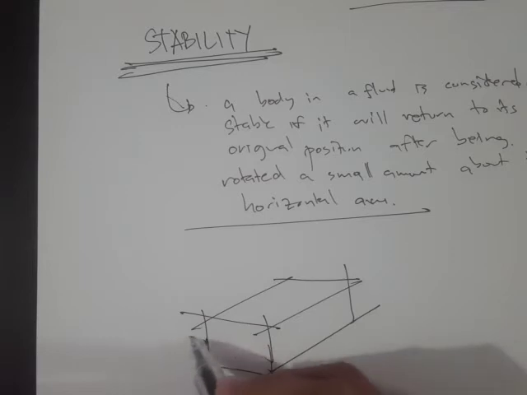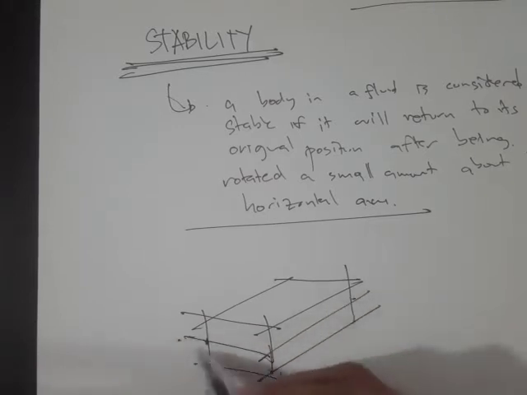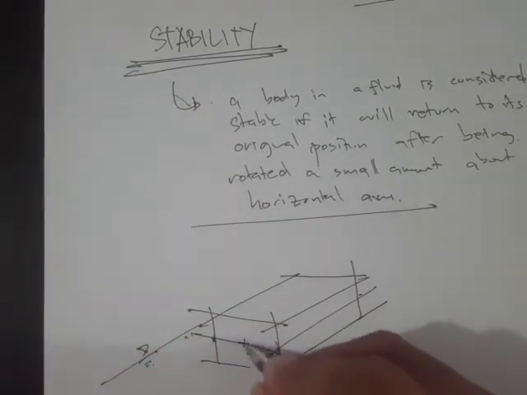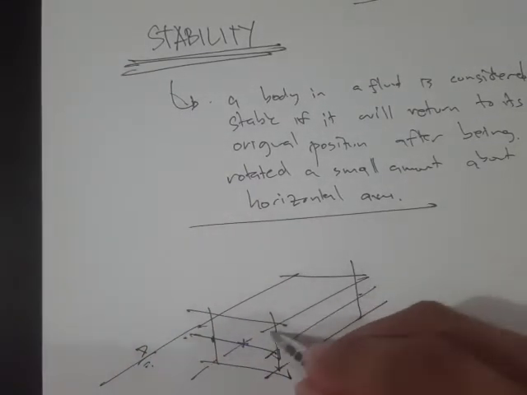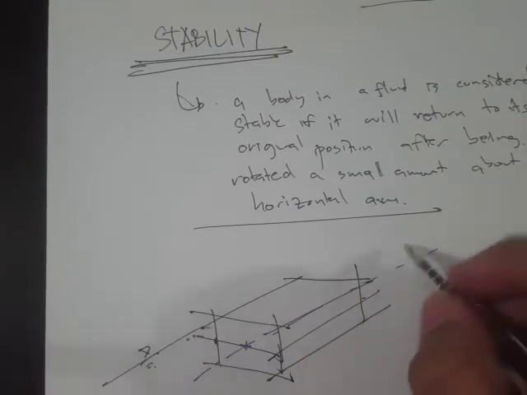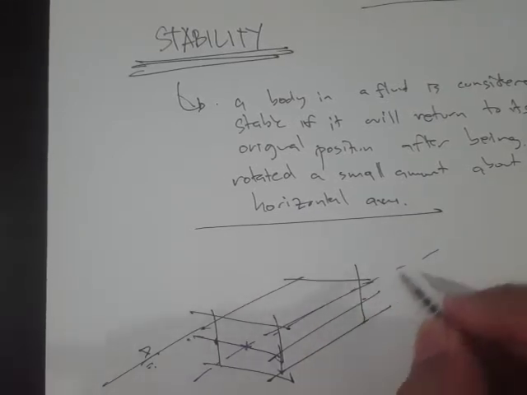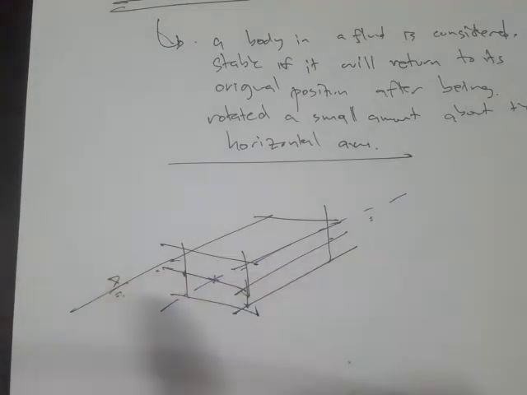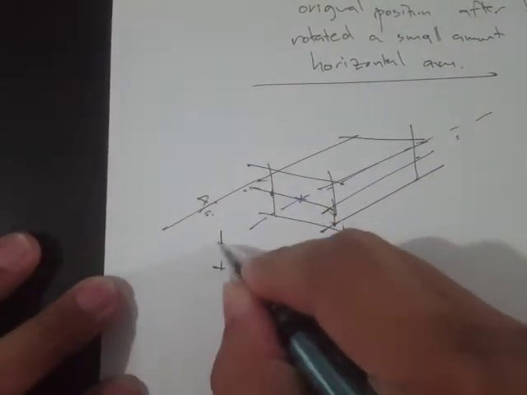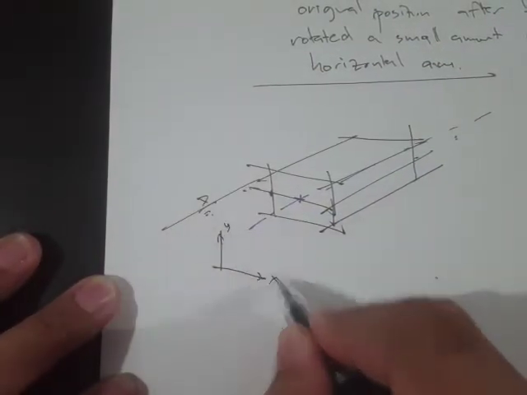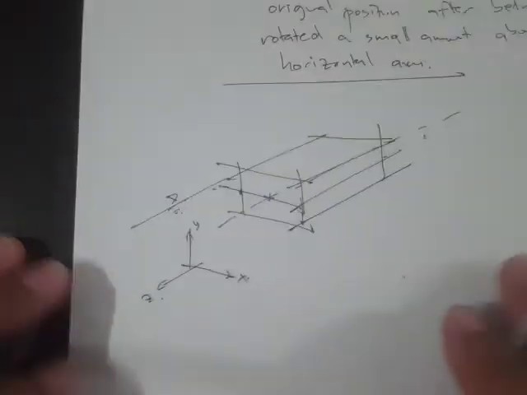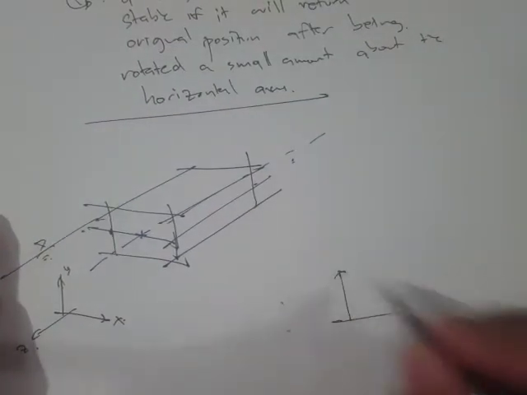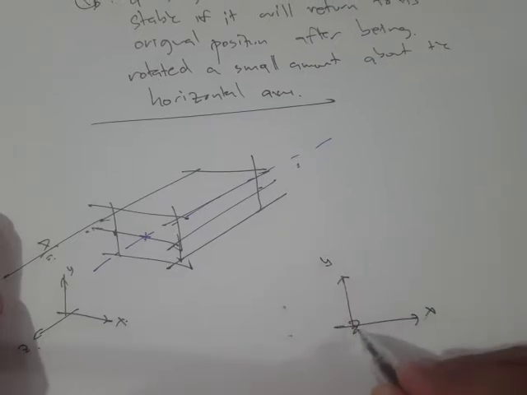and we have this free surface, for example, and then this is our axis of rotation. Then we try to tilt this body. I think it will be best shown if we look at the xy plane, where this is our z.